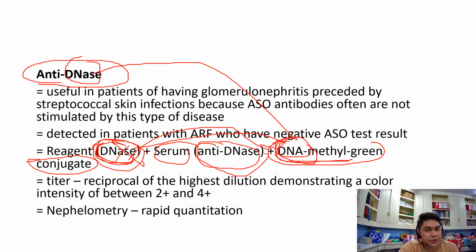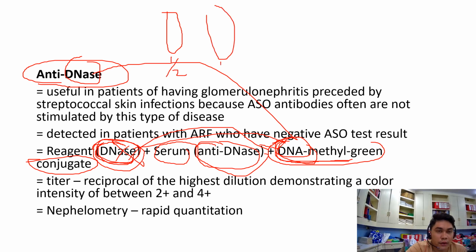In this procedure, you need serial dilution. For example, the first tube we have 1 to 2, second tube we have 1 to 4, third tube we have 1 to 8. For the first tube, if there is no color change, meaning the DNase was neutralized by anti-DNase present in the patient specimen.